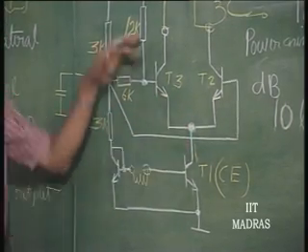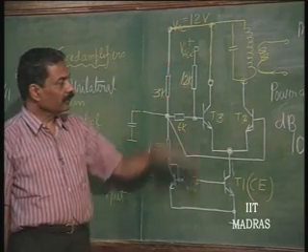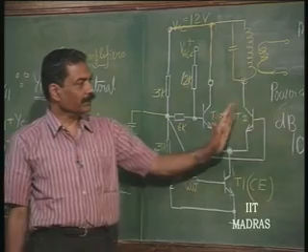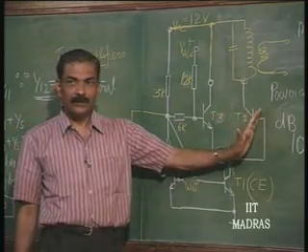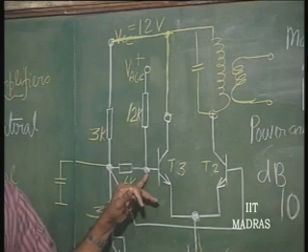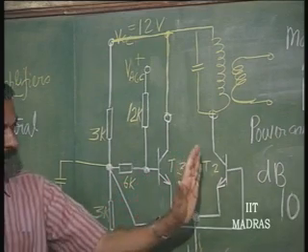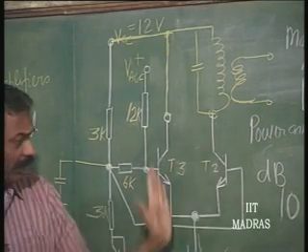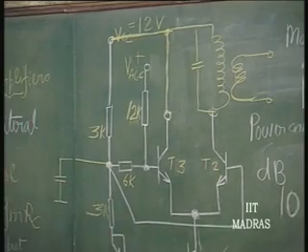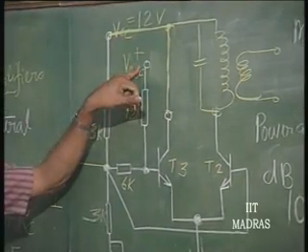Okay. When VAGC is coming down to 0, okay, most of the gain goes to this, right. This is 0, therefore, this is at a positive potential and this is at a lower potential, and therefore, all the current is diverted to this. So, the gain is maximum when VAGC is 0.